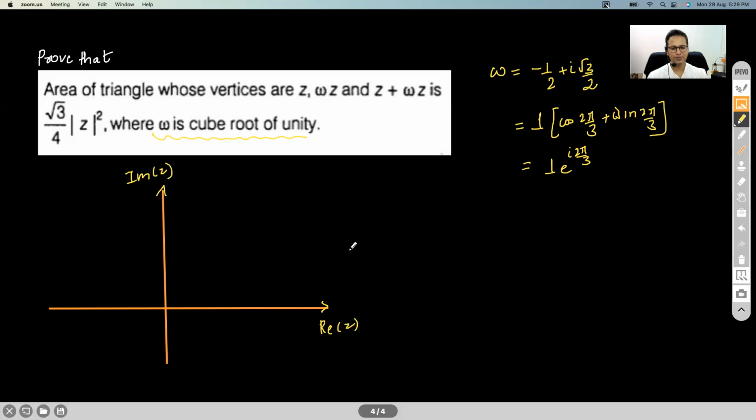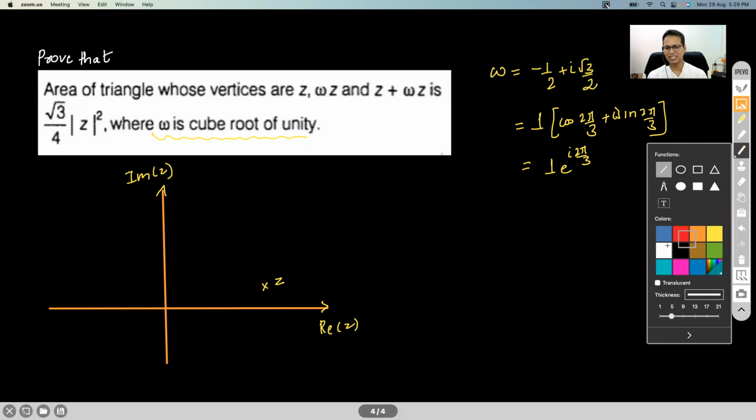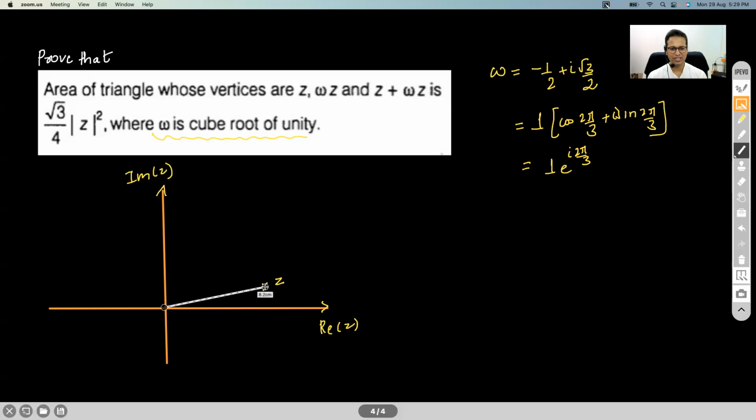everybody please pay attention. Let's say this is my z. And this is your mod z. Now who will tell me where omega z will be located? If I have to locate omega z, what should I do? See, very simple.